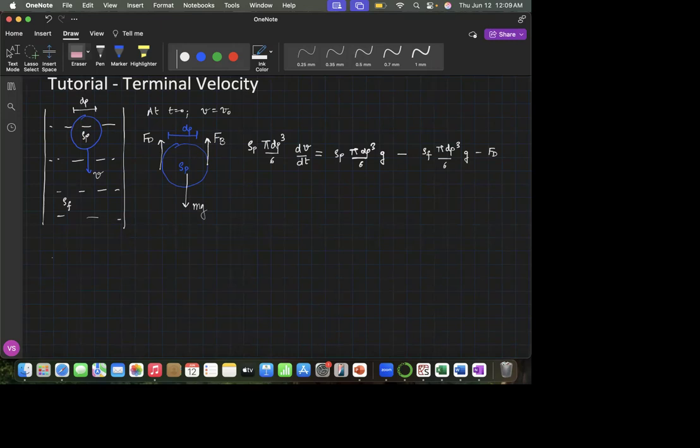There's this particle that is falling with the velocity v, right? So what could be the pressure difference acting around the particle? The order of magnitude of this pressure difference would go as half rho p v squared.